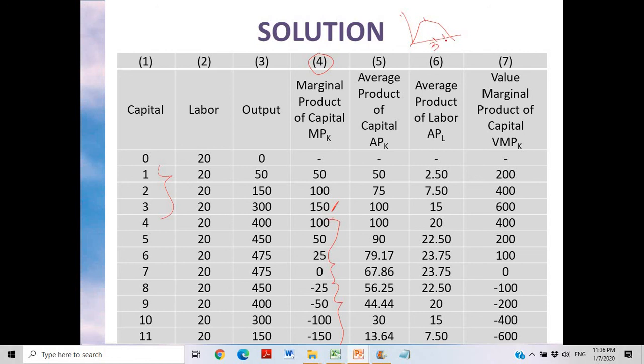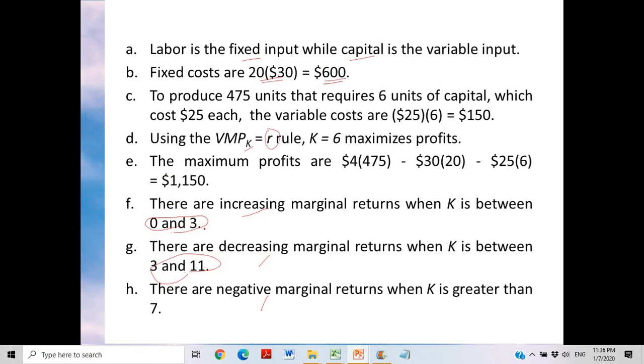If we say it starts to decrease at 4, what happened between 3 and 4? If you look into the table, it seems that it starts from 4, but actually it started right after 3. If you look at the graph, you see it dropped here, at 3.1, 3.2. So that's why the answer here is 0 to 3 and then 3 to 11 rather than 4. And negative also when k is greater than 7 instead of 8 and above.